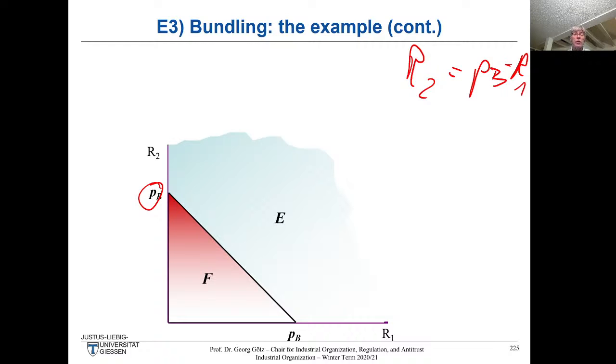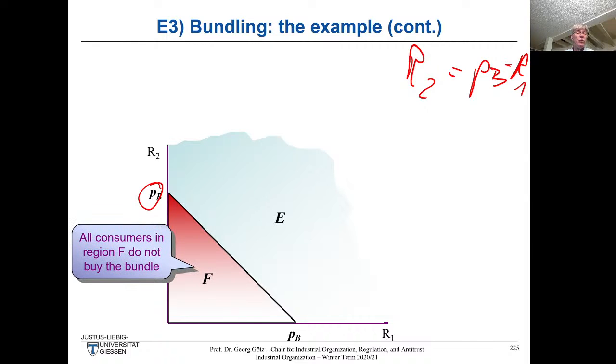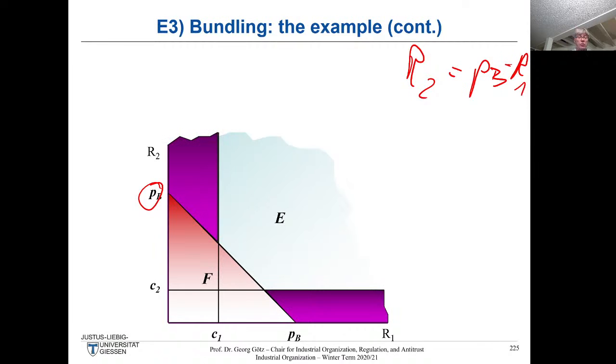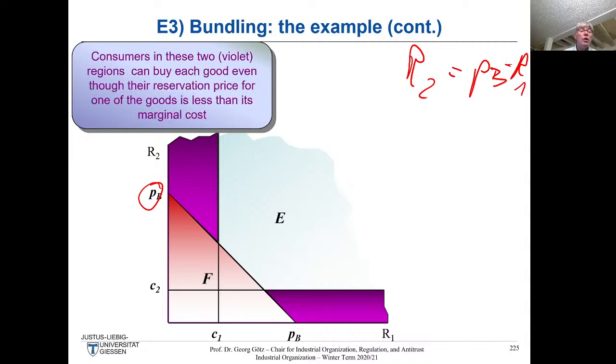Again, we have here our standard. What comes next? I was too fast. Now all consumers don't buy anything. Now we introduce cost. Remember, our salad was costly to produce for our cafeteria, and the main course as well. But what you see here is, consumers in these violet regions.